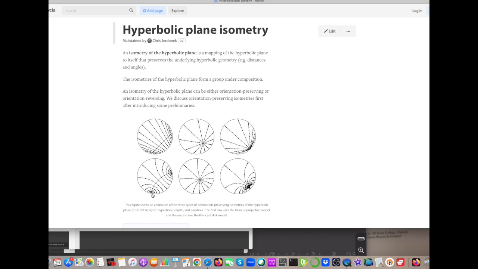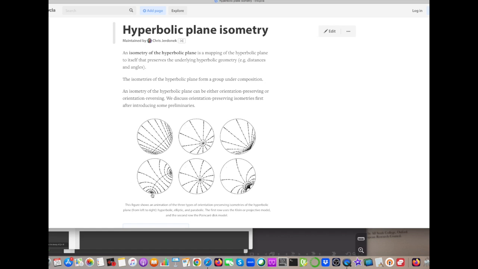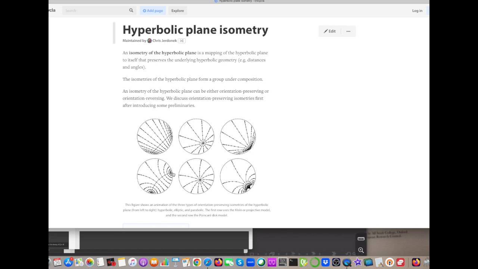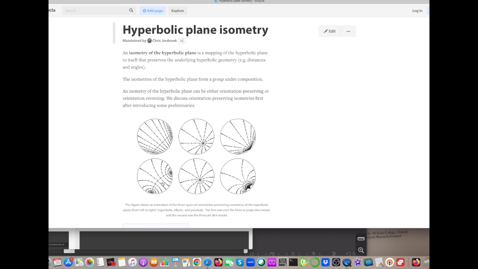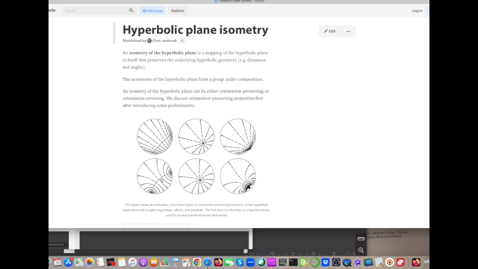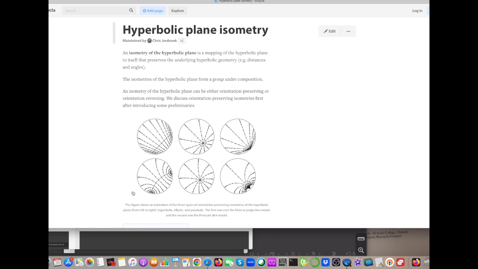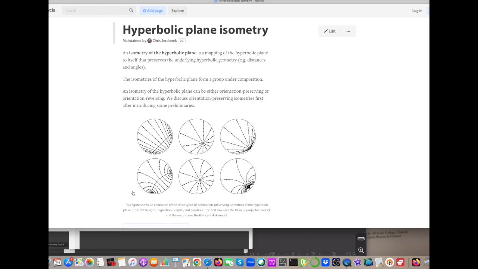Here you can see there is this repulsive point, which is one of the fixed points, and the attractor, which is the other fixed point. One feature is that, if you think about it, this more or less resembles the Euclidean translations.